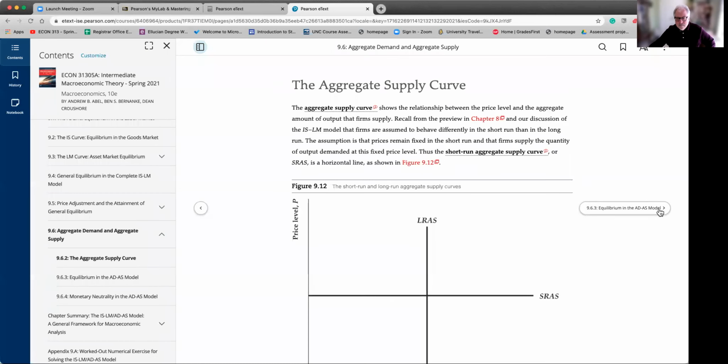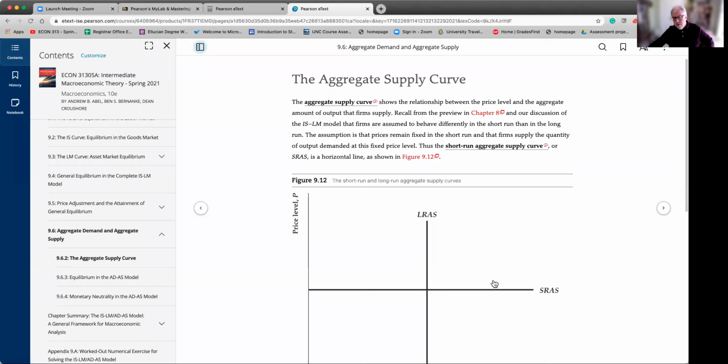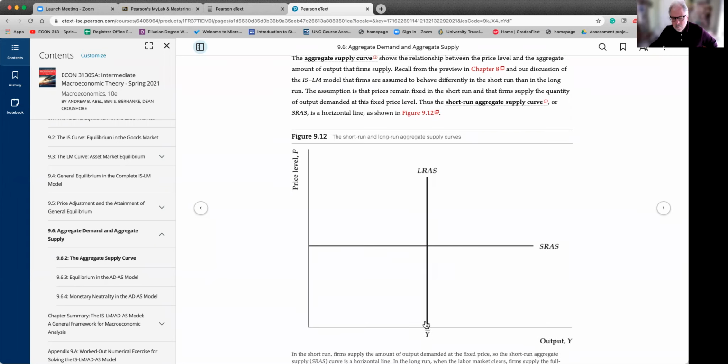The aggregate supply curve depends on whether we're talking about the long run. The long run aggregate supply: in the long run, we believe that prices fully adjust. Whether you're a Keynesian or classical economist, you believe in the long run that prices fully adjust and the economy goes back to full employment. Therefore, the long run aggregate supply curve is really just that full employment line that we had before.